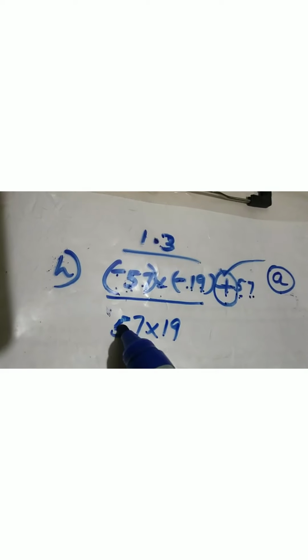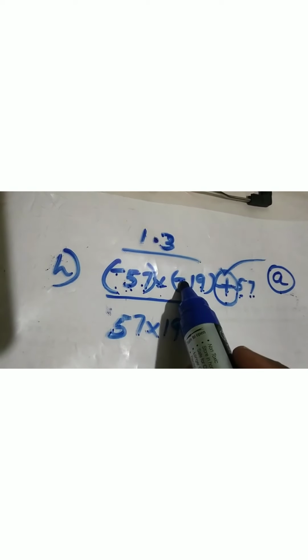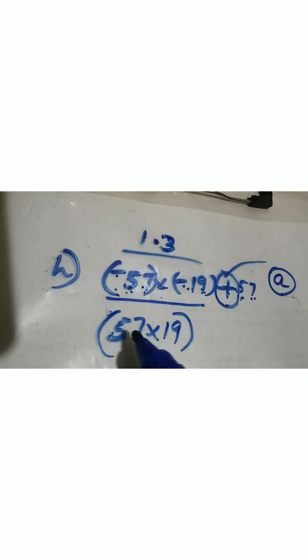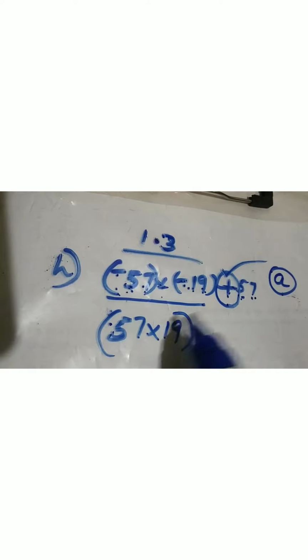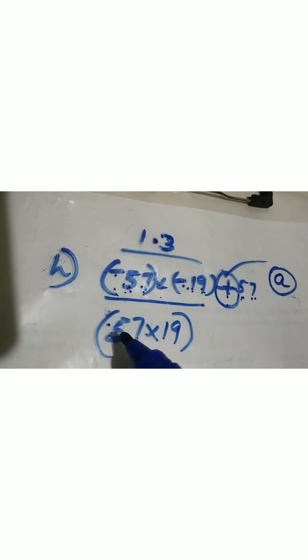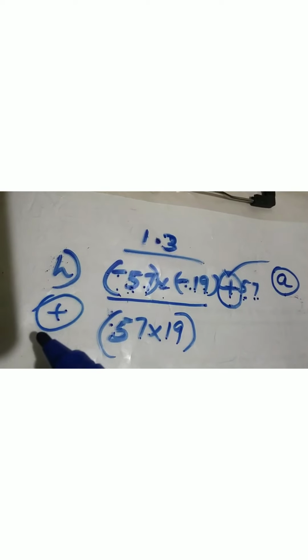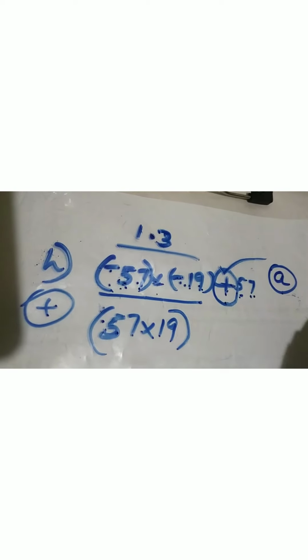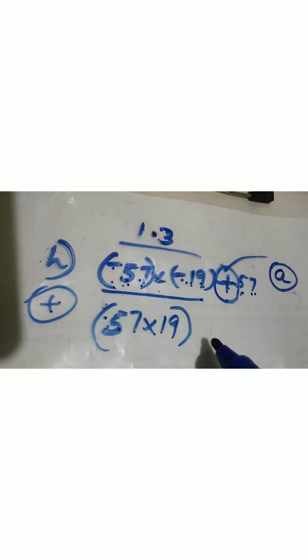Why? Because if we avoid this negative, no problem, we will get positive itself as the answer. Okay, that means here positive will be there, here also positive. That means negative into negative will be automatically positive will be the answer. So, if we multiply without symbol, the answer will be same, positive itself.